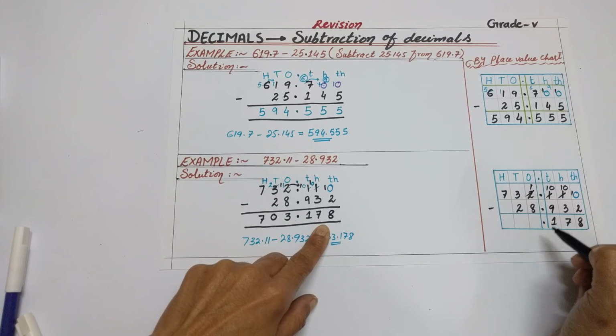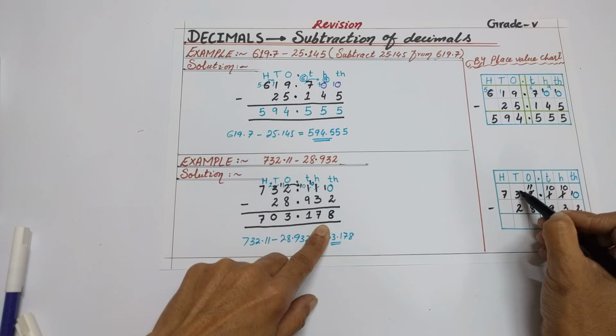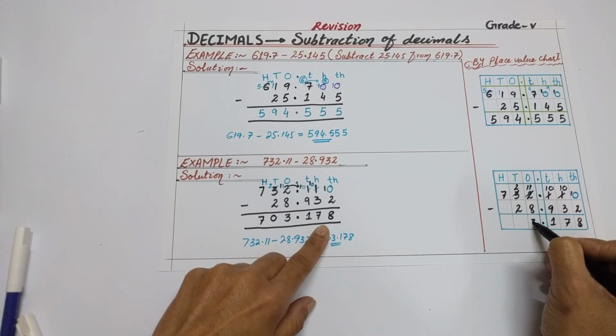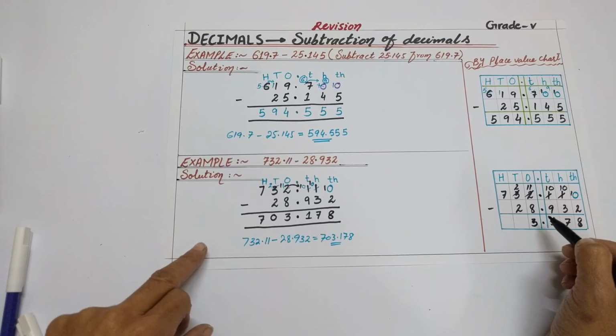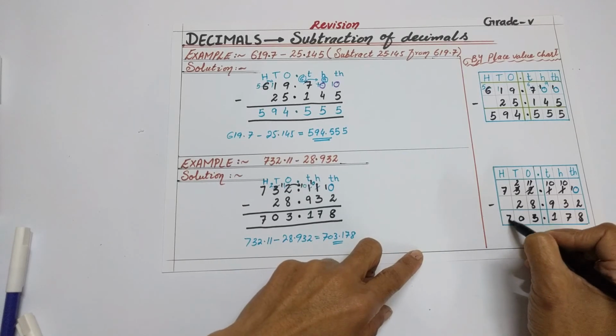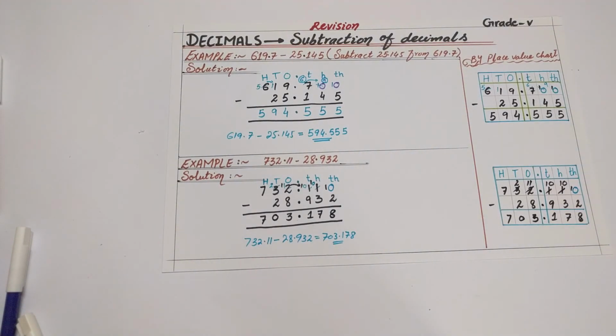Decimal will be under the decimal. 1 minus 8 is impossible, take the borrow from 3, it will become 11 and left number will be 2. 11 minus 8 is equal to 3. 2 minus 2 is 0 and 7 will be as it is. So answer is 703.178. Clear?